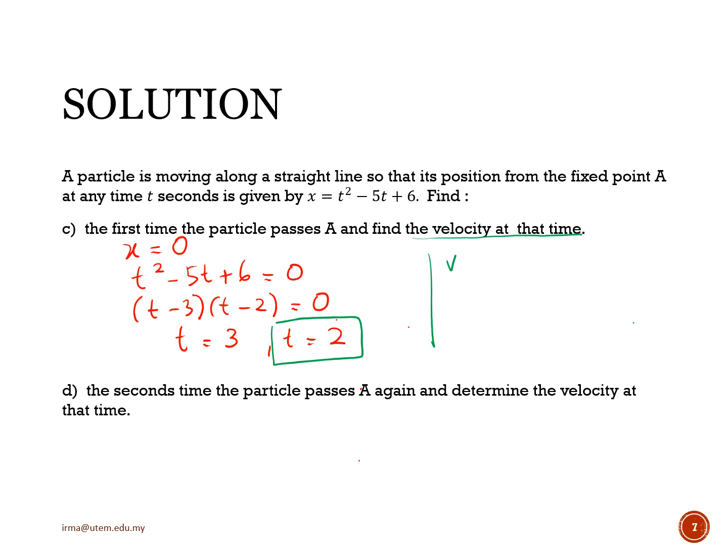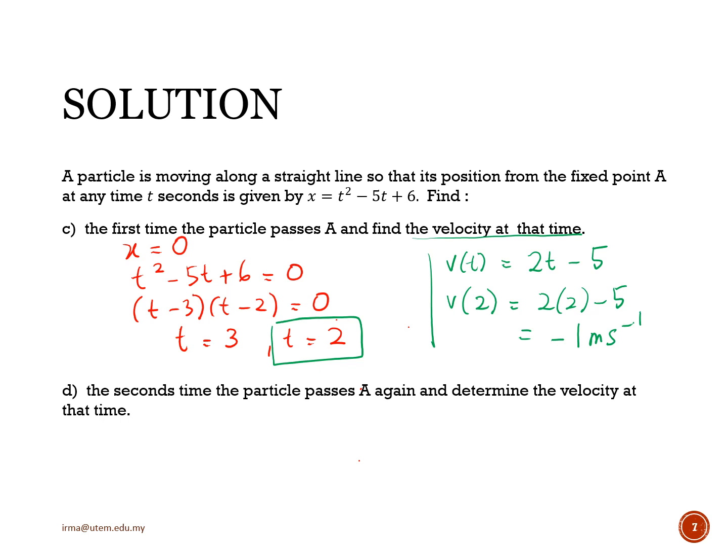Just now we have v equal to 2t minus 5. When t equal to 2, we have 4 minus 5, which is equal to negative 1 meter per second. So this is the velocity at the first time the particle passes A.